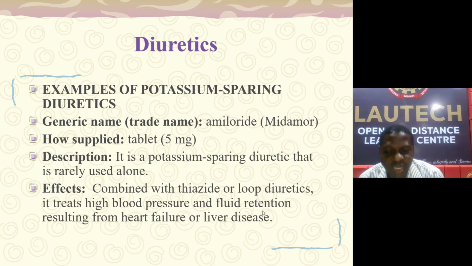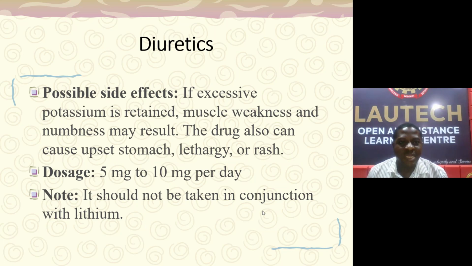And the description: it is a potassium sparing diuretic that is rarely used alone. The effects, when combined with thiazide or loop diuretics, treat high blood pressure and fluid retention resulting from heart failure or liver disease. The possible side effect of this drug is that if excessive potassium is retained, muscle weakness and numbness may result.